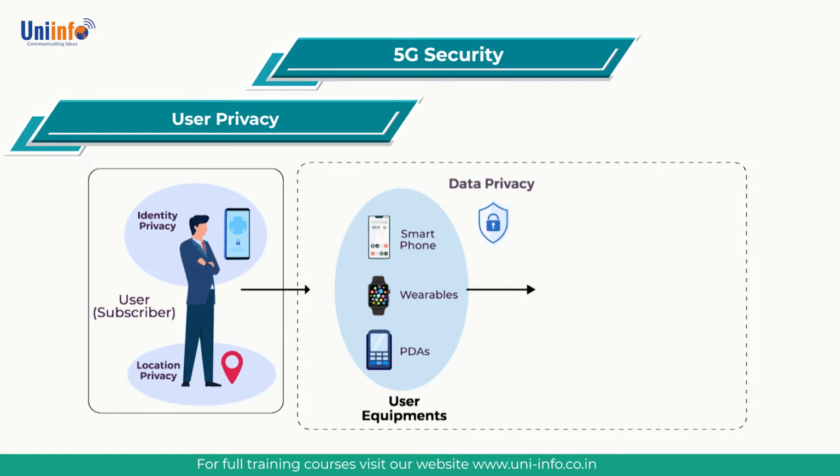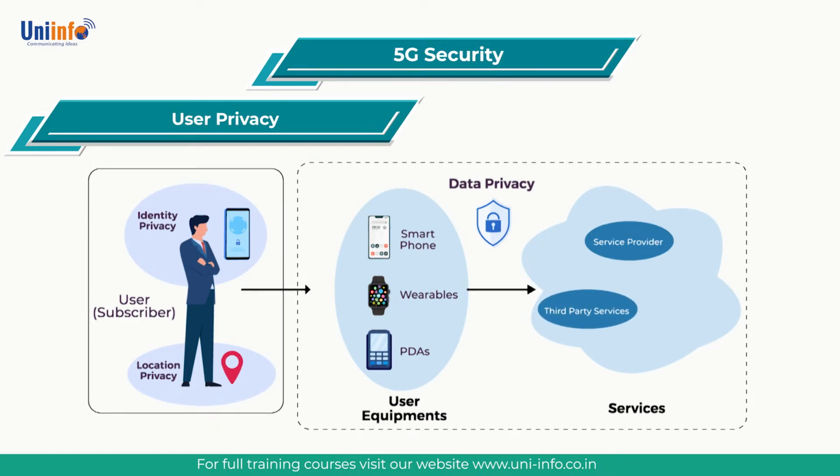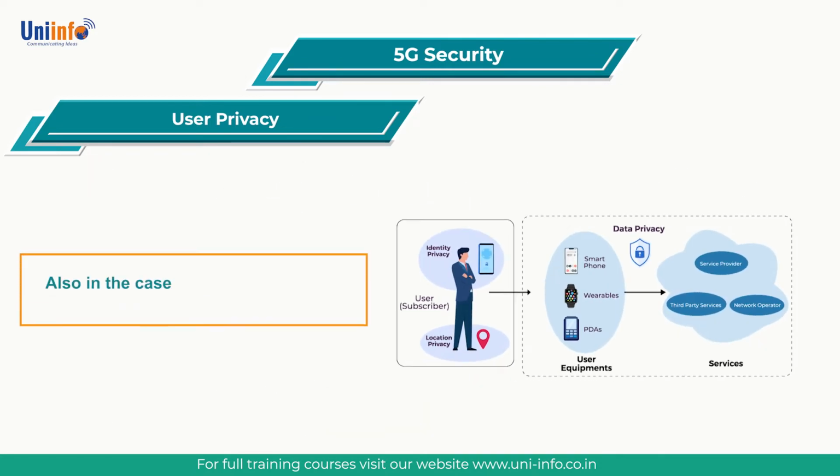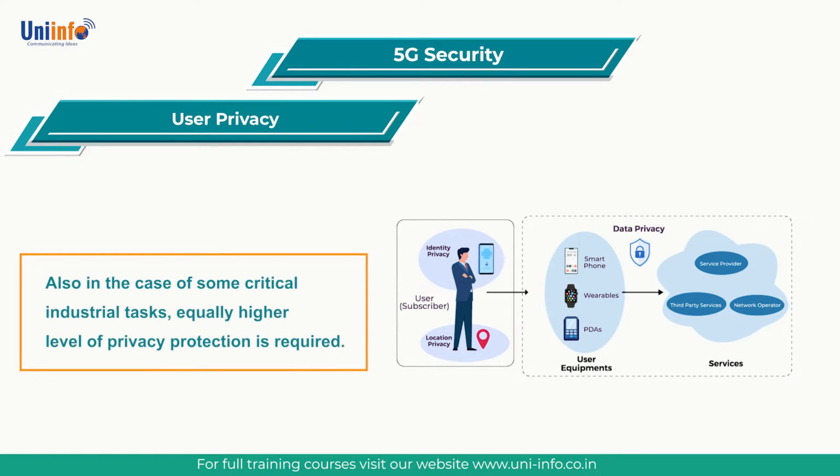5G technology will also enable service oriented privacy requirements. For example, health information of the user in certain healthcare applications will require a higher degree of privacy. Also, in the case of some critical industrial tasks, an equally higher level of privacy protection is required.